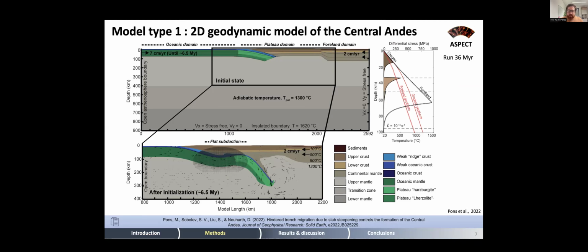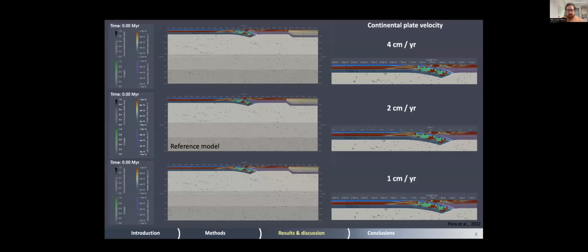One of the main driving forces of the shortening of the Andes is the absolute velocity of the South American plate towards the trench. So we wanted to test, keeping the same friction coefficient at the subduction interface for the Central Andes, 0.05, different results from prescribing different velocities for the overriding plate.